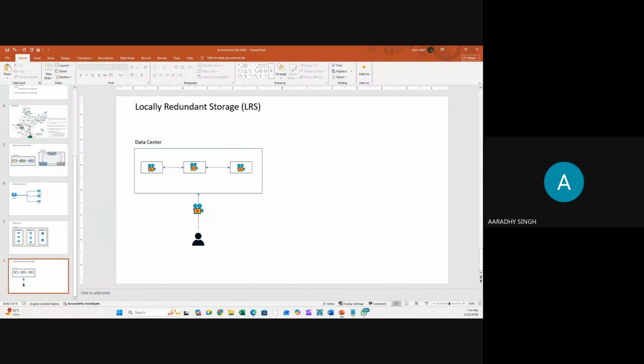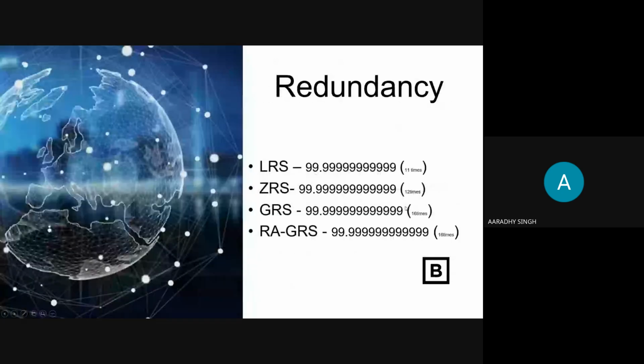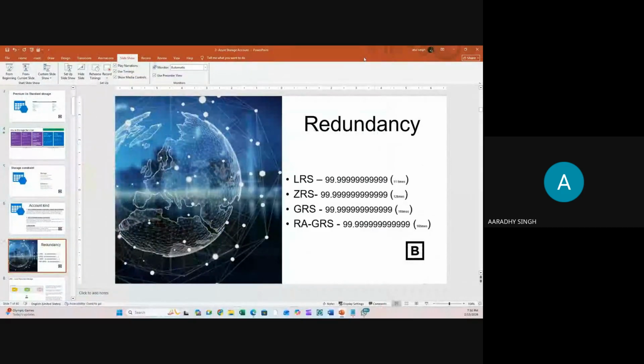So every time you will get at least 3 copies of the data. If the first copy is not available, you will get the response from the second copy. If the first and second are both not available, then you will get the response from the third copy of the data. Is it clear so far to everyone? So Microsoft is maintaining 3 copies of the data.